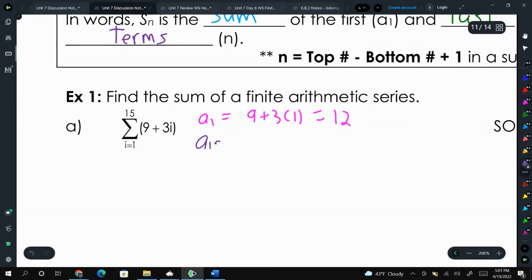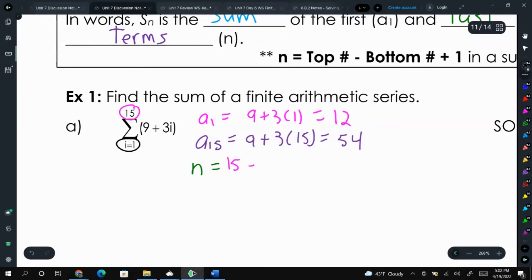Then a sub 15 is going to be 9 plus 3 times 15, which is going to equal 54. N is going to be the upper limit, 15, minus the lower limit, 1, plus 1.